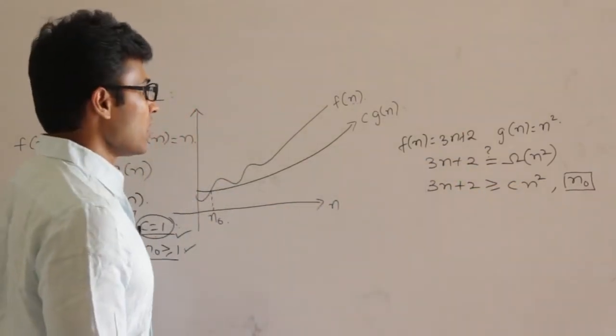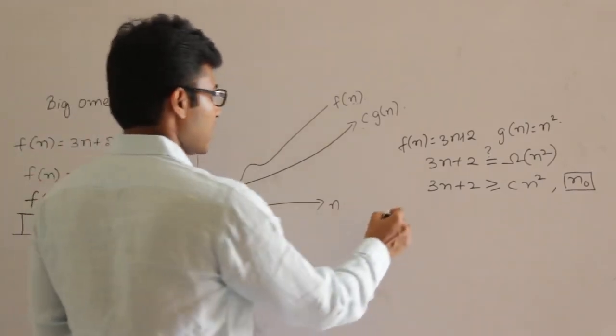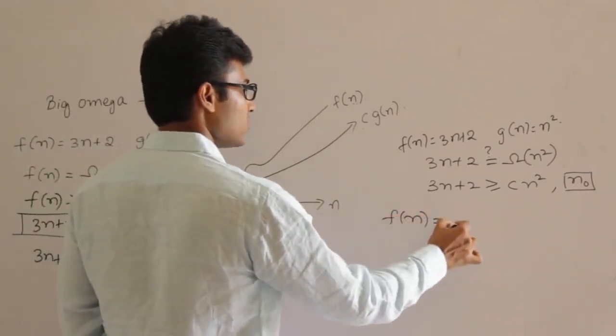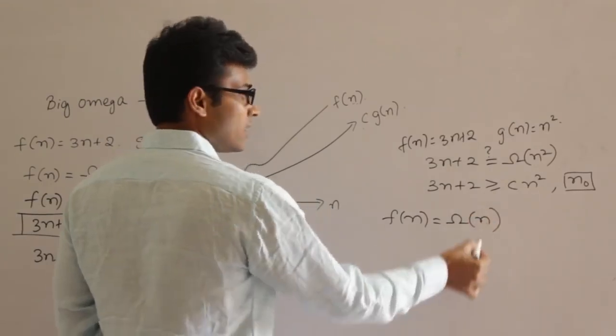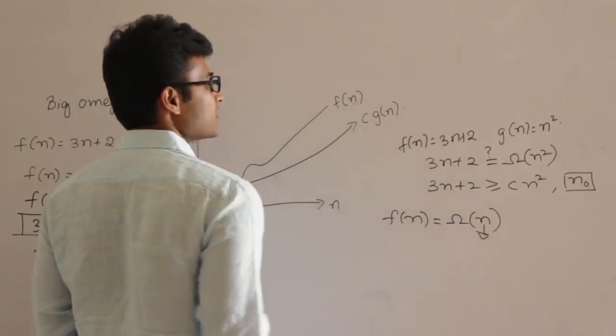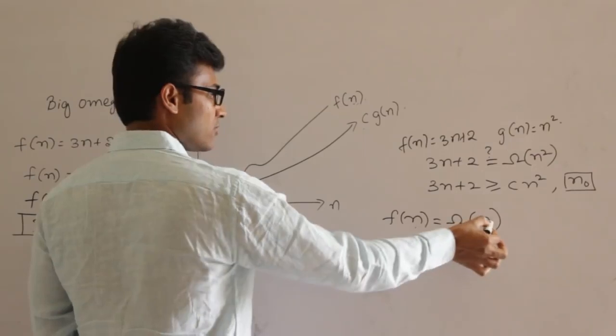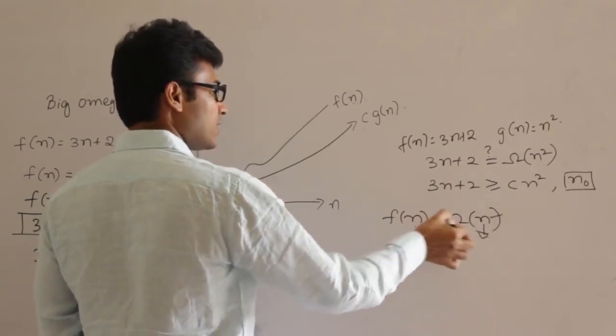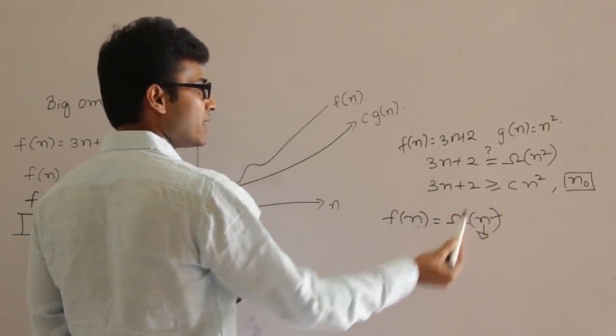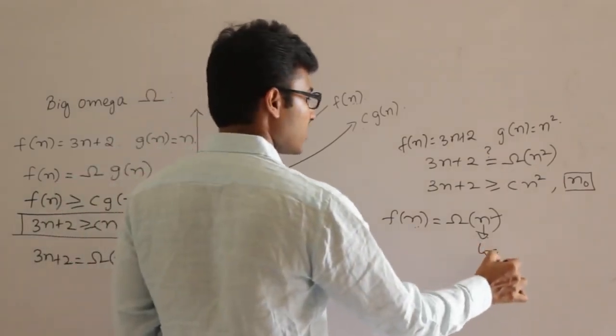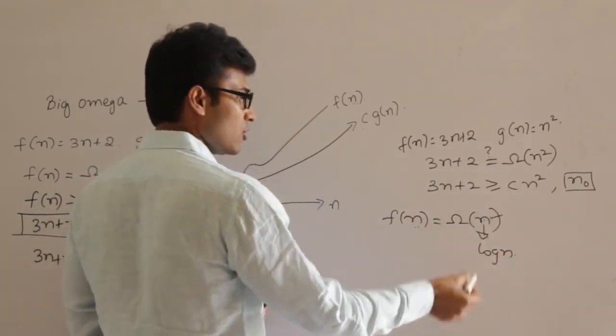Okay, so if you found out that f of n is omega of n, then anything less than n can be an answer, which means if f of n is lower bounded by n, then it will also be lower bounded by anything less than n, so you can go for log n. Log n is less than n, so it will be lower bounded by this.